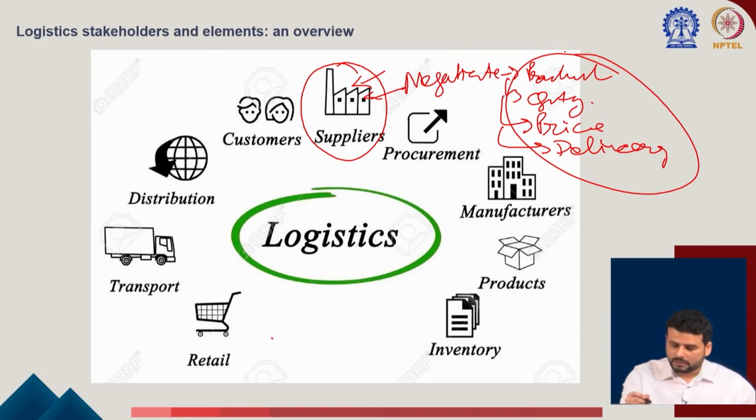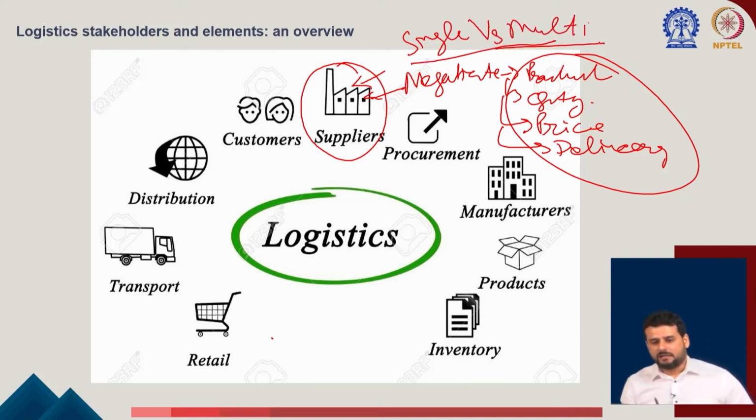Now, there is always a debate on whether we should focus on a single supplier versus multiple suppliers. My personal opinion is, if we go for too many suppliers for the same component, then that is a problem. If we focus on only one supplier, then also there is a problem. We will discuss this in detail, but for now, consider focusing on only a single supplier.